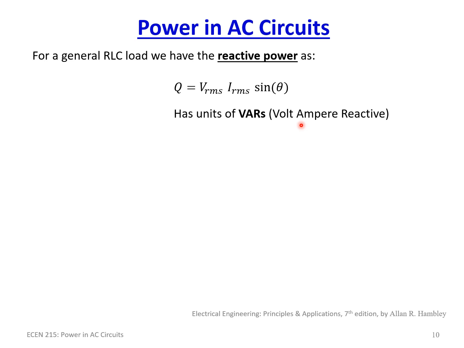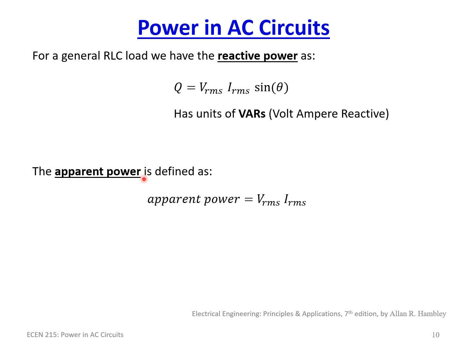You will see things listed in VARs or kVARs. The apparent power is defined as VRMS times IRMS. So that is what basically appears to be the net power, if you will, the vector. And I'm going to show you what this means in a second. It has units of volt amps.